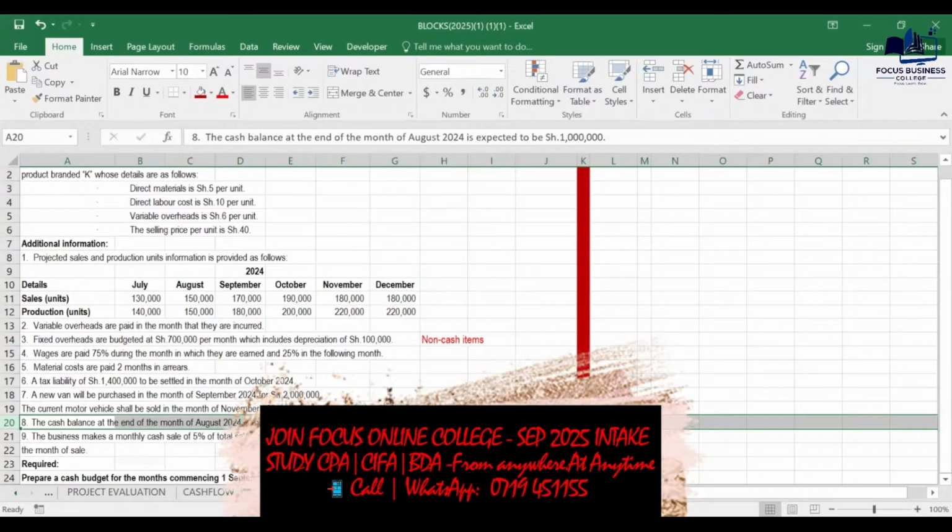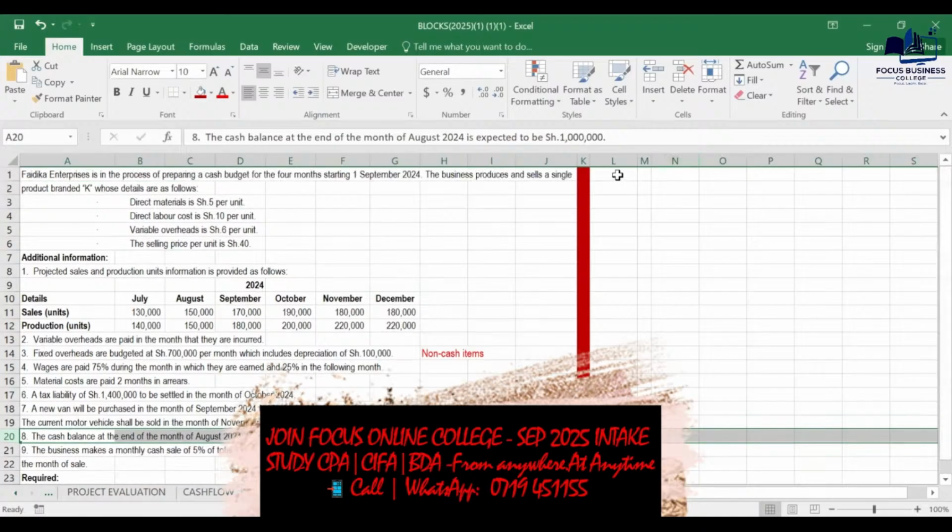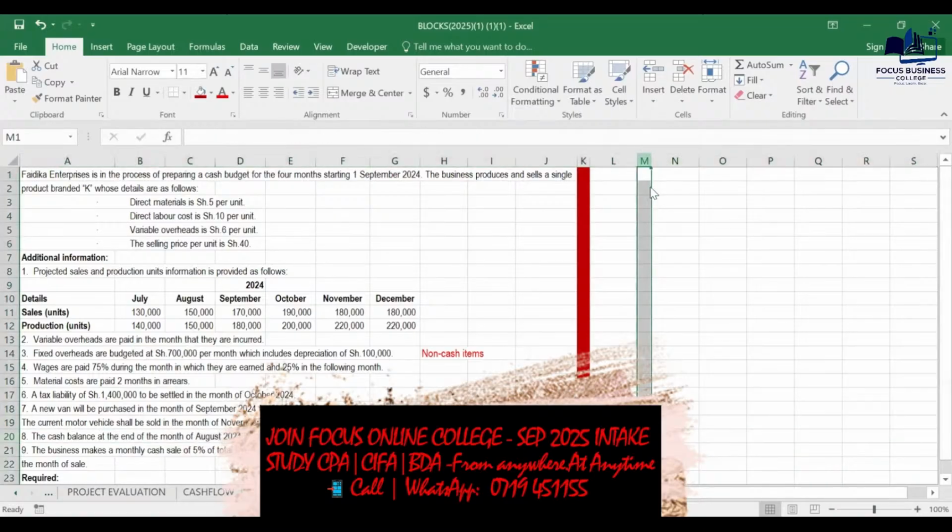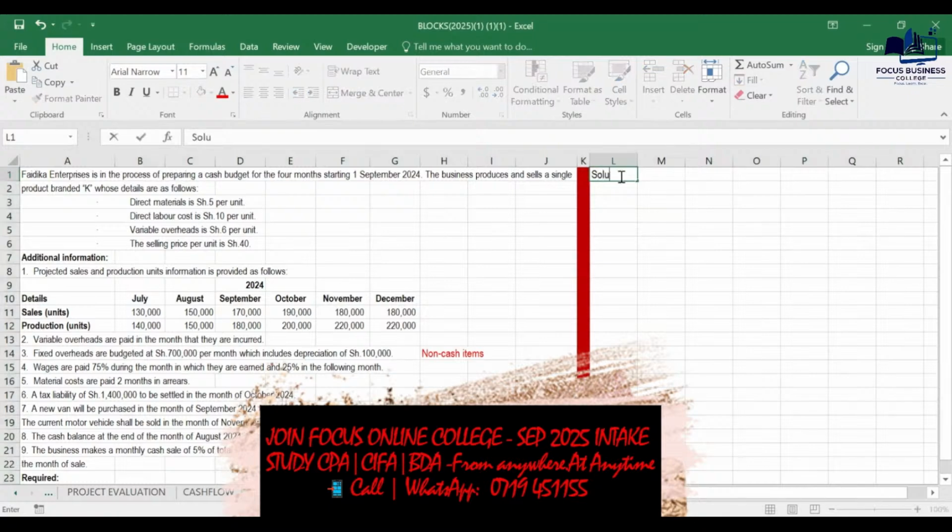Maybe in this case, I don't know whether we have some few workings we need to do before we can proceed to prepare our cash budget. Let's see whether we have some few workings which we need to do before we can proceed to prepare the cash budget.